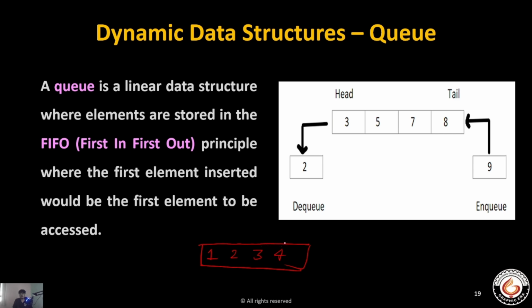So when we use the pop function, this one will be the first element to be popped out. That's why it is known as first in, first out, which means the data element which is inserted first will be the first element popped out of the data structure.